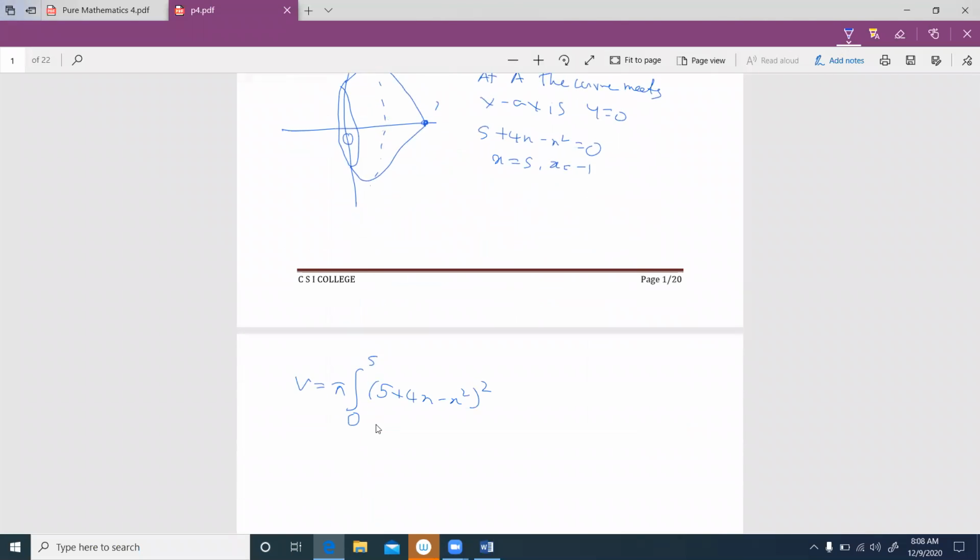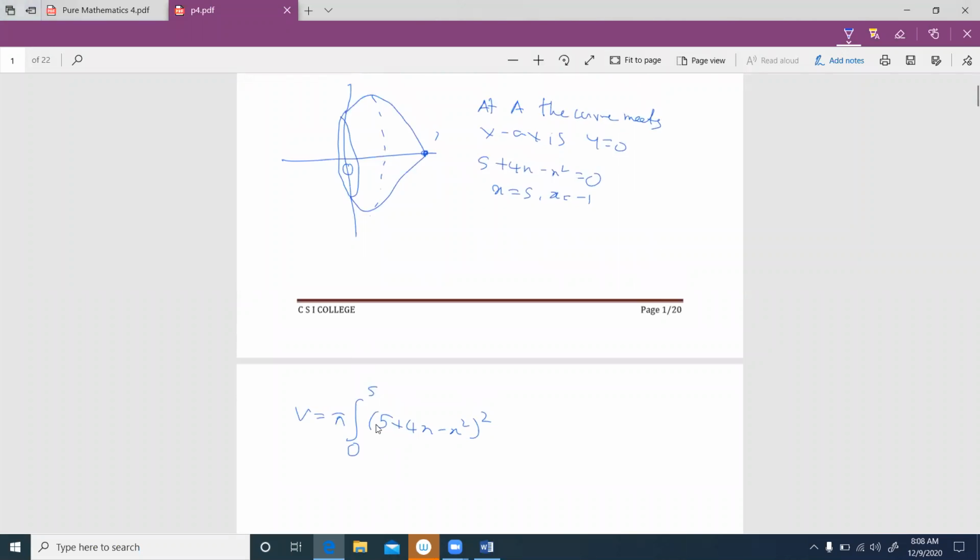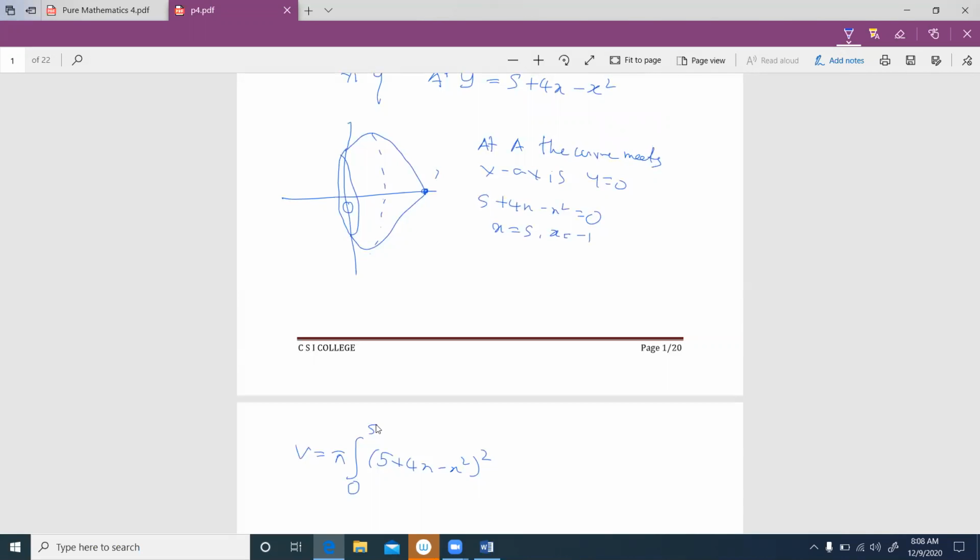How are we supposed to do this integration? There is no simplified version of this, so we have to expand it. There is no other way of expanding this because it's a trinomial, not a binomial expansion.